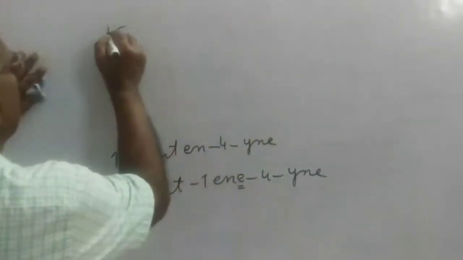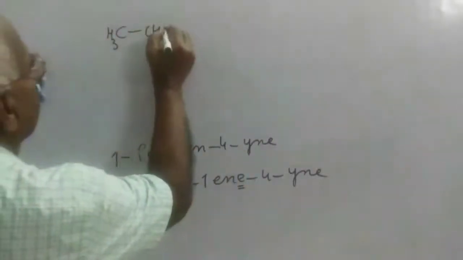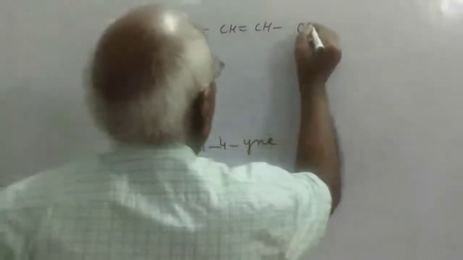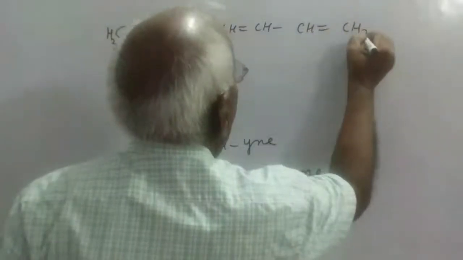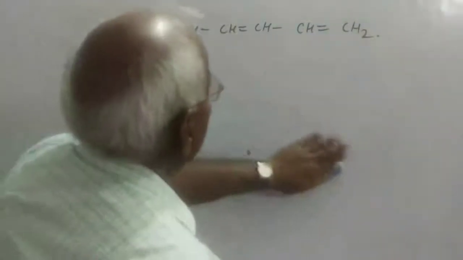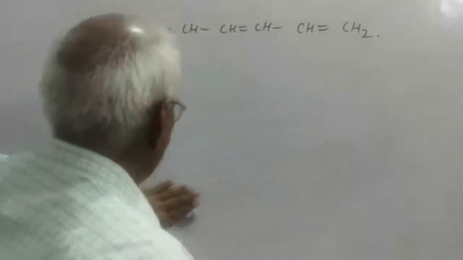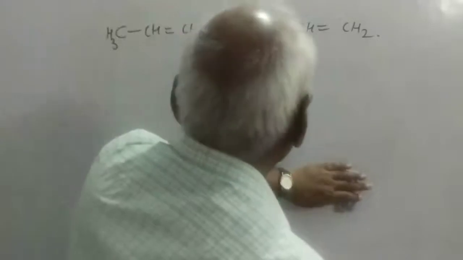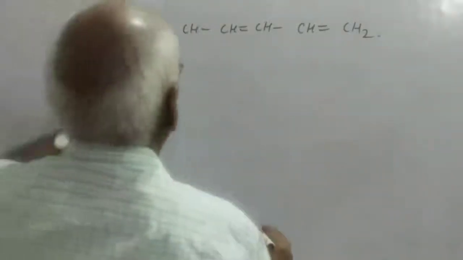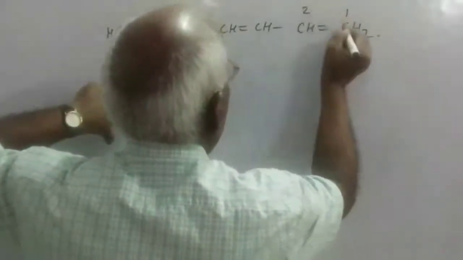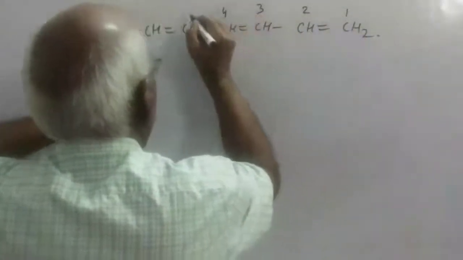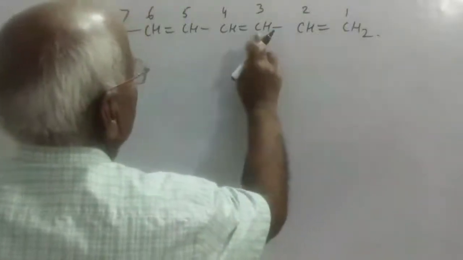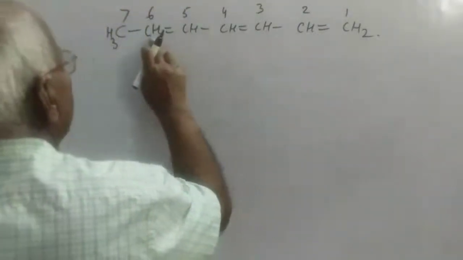Say CH2, CH3, CH double bond CH, CH. This compound has 3 double bonds. If 1 double bond it is ene, if 3 double bonds it is triene. So numbering is allotted from this side because it is the lowest one. 1, 2, 3, 4, 5, 6 and 7.